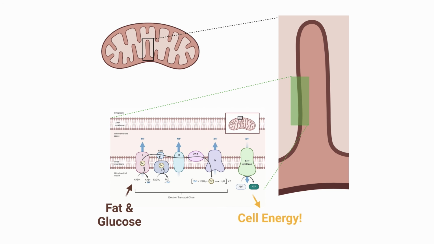They essentially donate certain things, electrons, to this electron transport chain, and then it spits out ATP, and then the cell can use ATP for energy to actually break those molecules and liberate energy. So there you go. I got to use my diagrams.